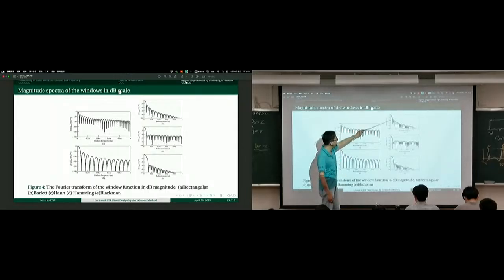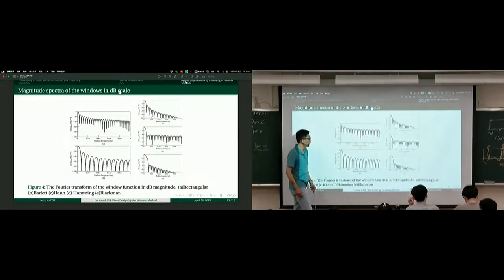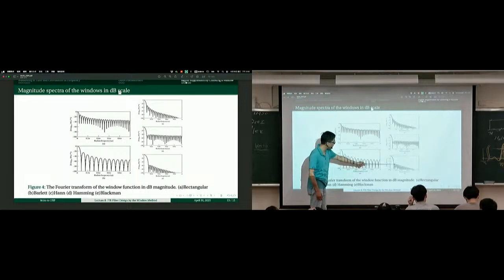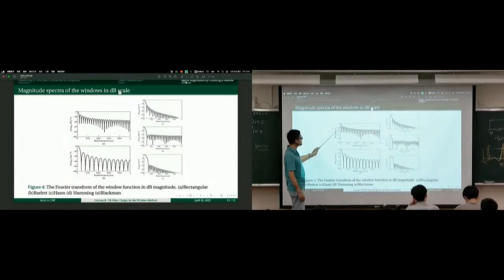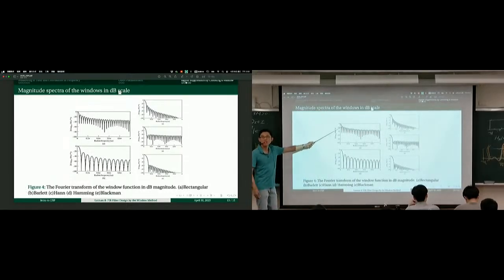For the Hahn window, the spectrum has a nice roll-off rate; if you see the envelope, it looks like a straight line. And finally, the Blackman window has the best main lobe to side lobe suppression at about 60 dB, compared to the rectangular window, which has barely a 13 dB suppression ratio.